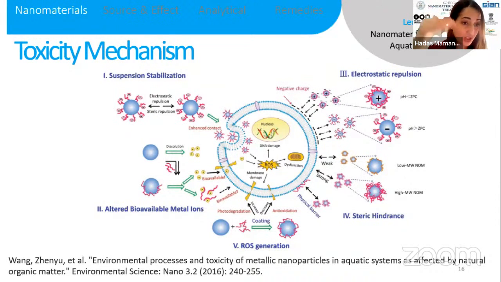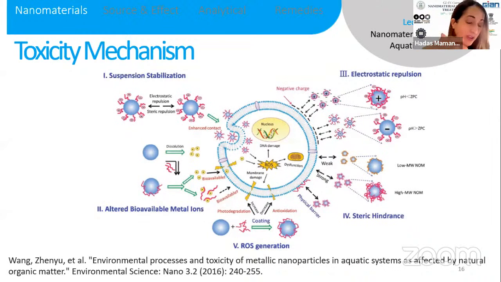For example, we showed before that fulvic acid can result in dissolution of copper oxide to release copper 6-fold. Therefore, the organic matter in the water can result in enhanced dissolution of metallic nanoparticles, which will impact or not the toxicity.